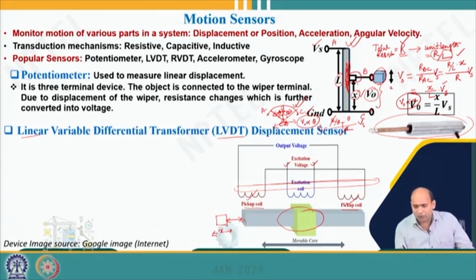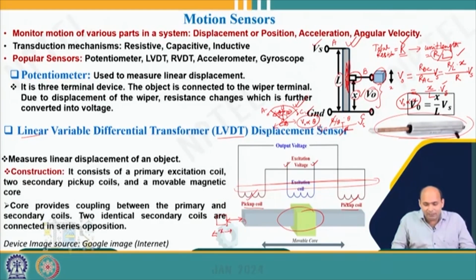Depending on the object movement, the sliding will also happen. So in this case, the wiper is in direct contact with the potentiometer, and if it is in direct contact, then what will happen? You will be getting wear and tear loss. So your overall longevity or lifetime will be reduced.